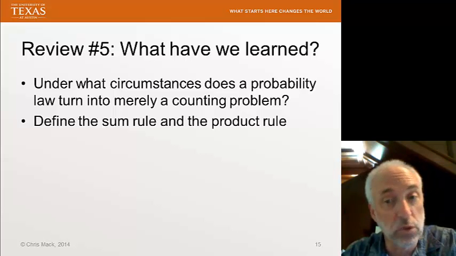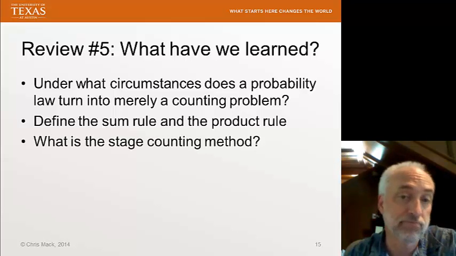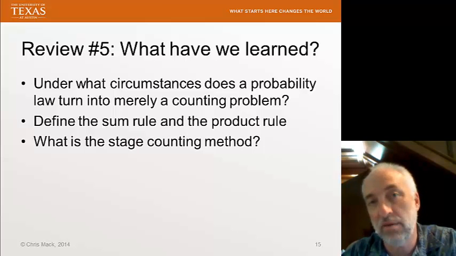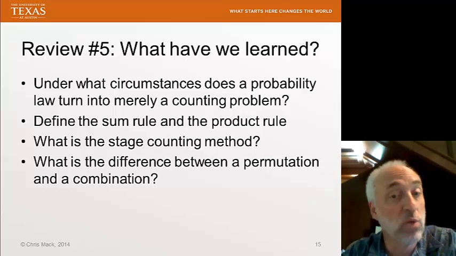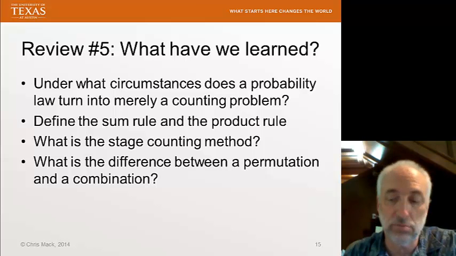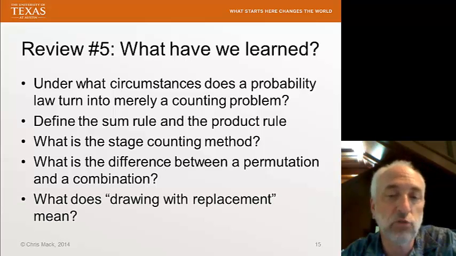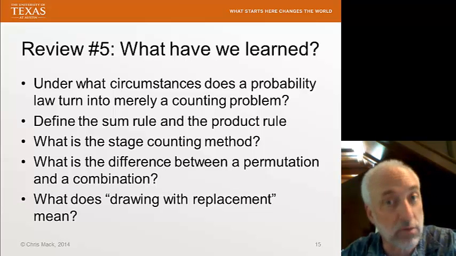Define the sum rule and the product rule and when we can use those rules. What is the stage counting method? What is the difference between a permutation and a combination? And finally, what does drawing with replacement mean as compared to drawing without replacement?